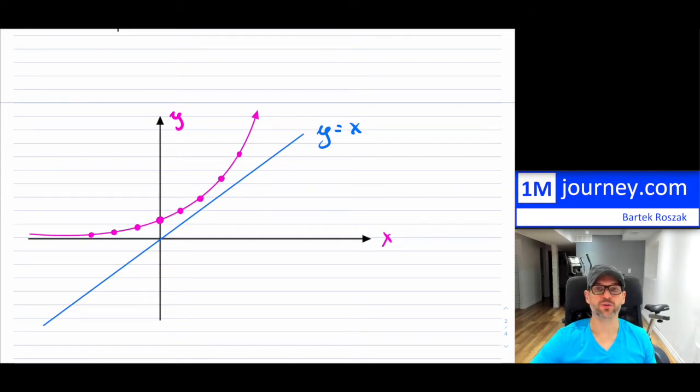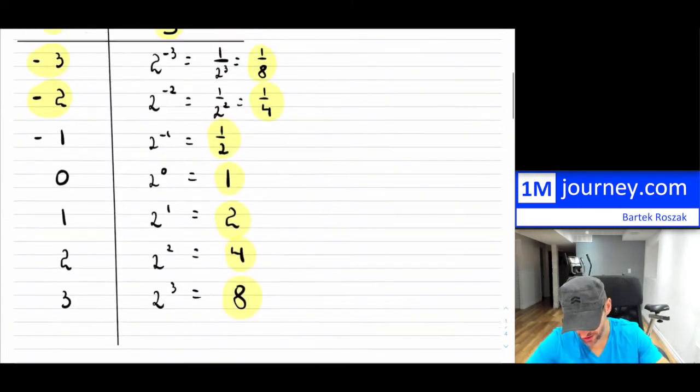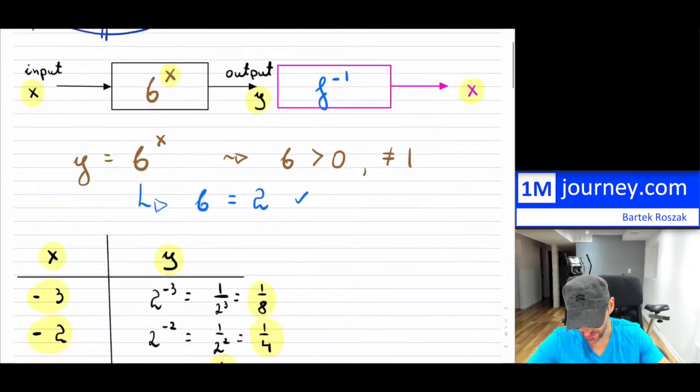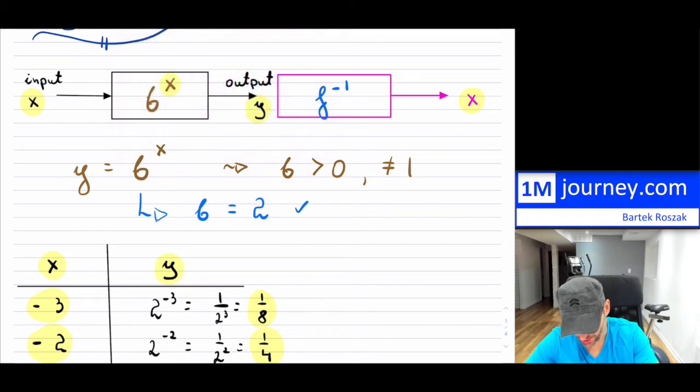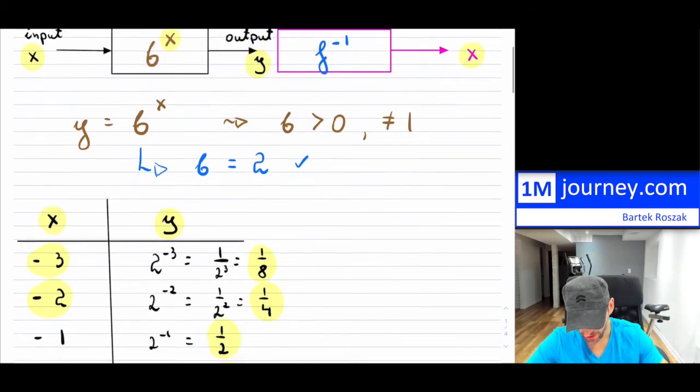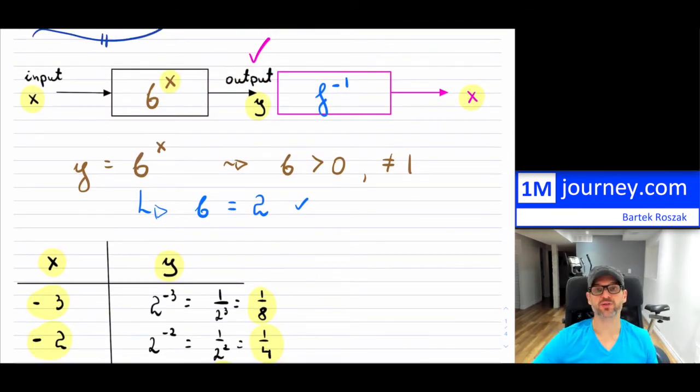And how would this look? Well, we could kind of guess a reflection of this. And based on these points, remember what we want is, if we have our output now, so if our output right here, that's our y, is right here, that becomes our new input into the inverse.